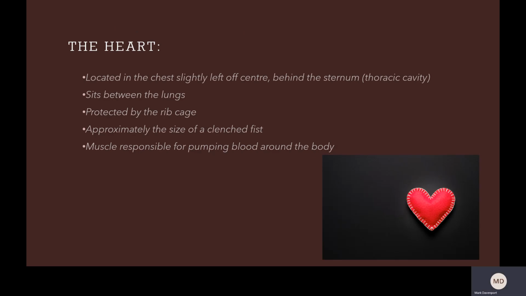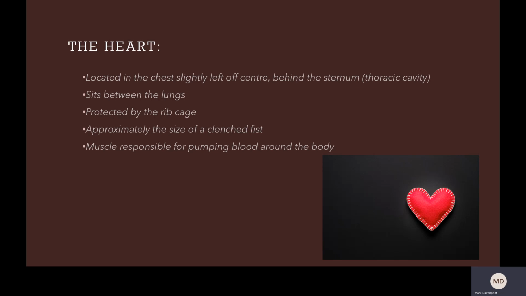First of all, the heart. Where is it located? It's located in the chest, slightly left of center, behind the sternum, and it's in the thoracic cavity. The sternum is a flat bone that sits as a little protection in front of the heart, in between the rib cage.